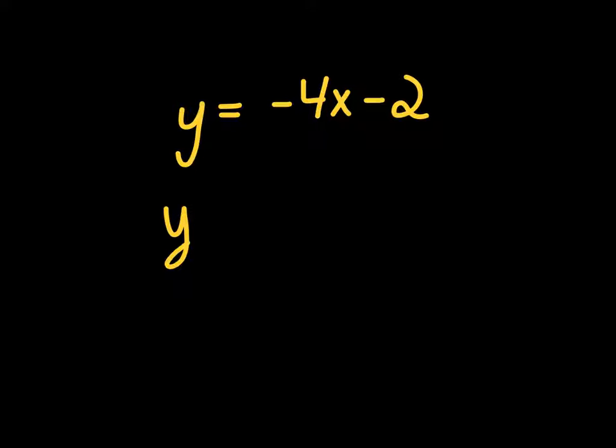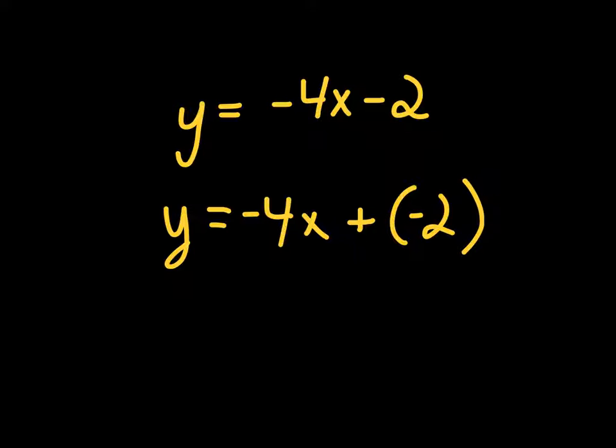Y equals a negative 4, which is our m, and then you can do plus a negative 2, or you can leave it like it is on the top. You're just adding a negative 2. So y equals a negative 4x plus a negative 2.